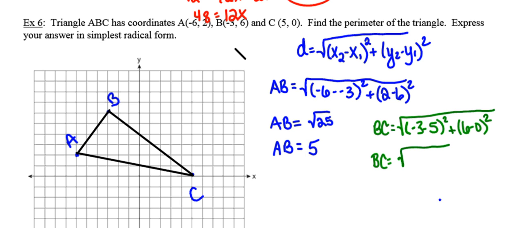So when I plug that into my calculator, I find that the distance between points B and C is the square root of 100. But again, that's not a very nice looking number, so I don't want to leave it like that. It needs to be simplified to 10.